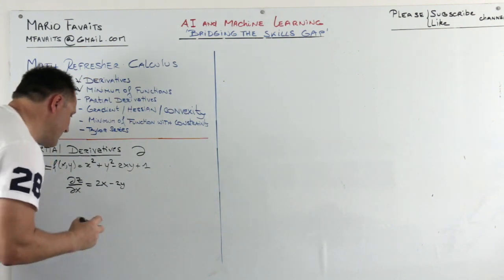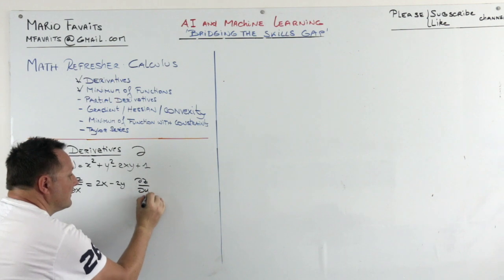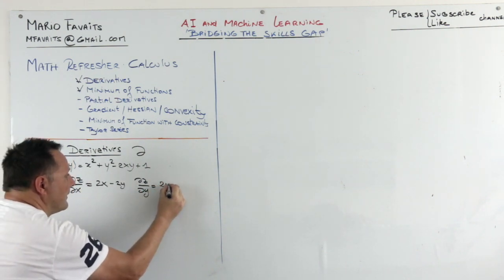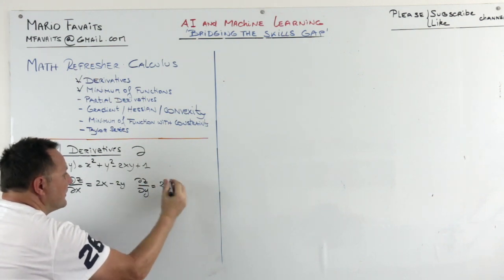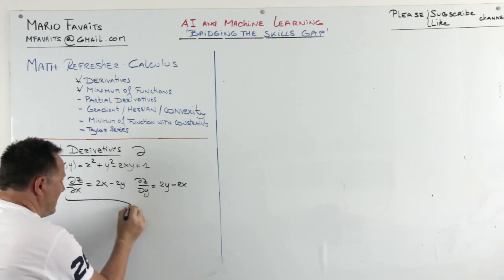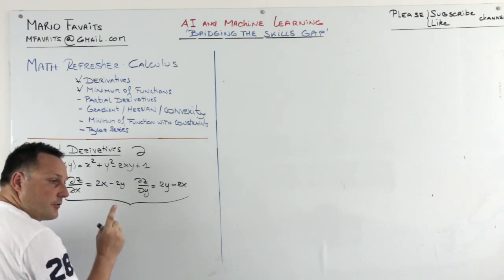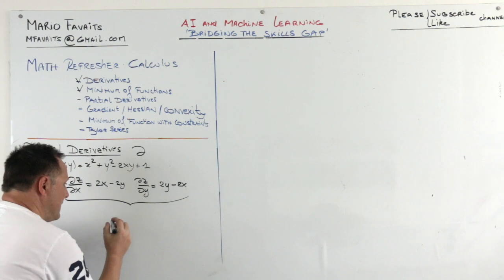But you could also derive z with respect to y. And now x is a constant, so that gives me 2y minus 2x.